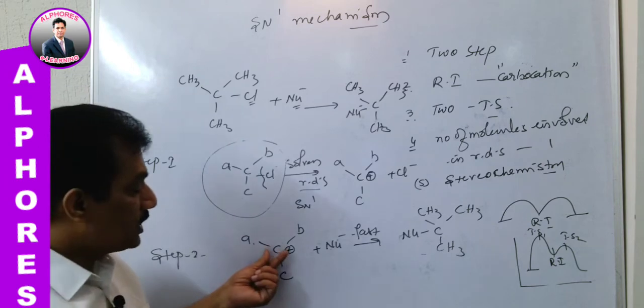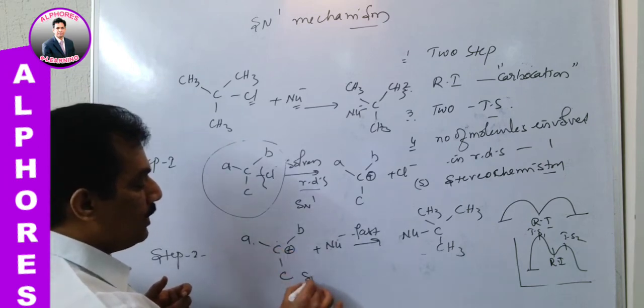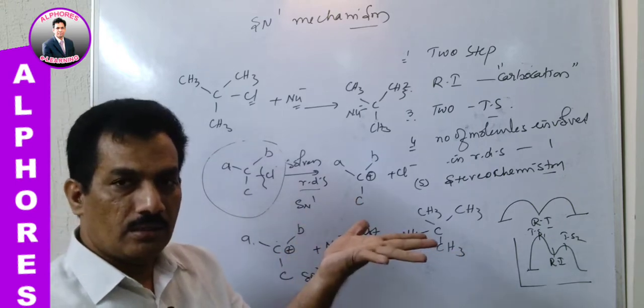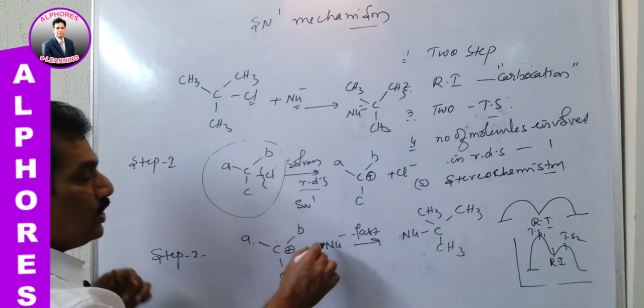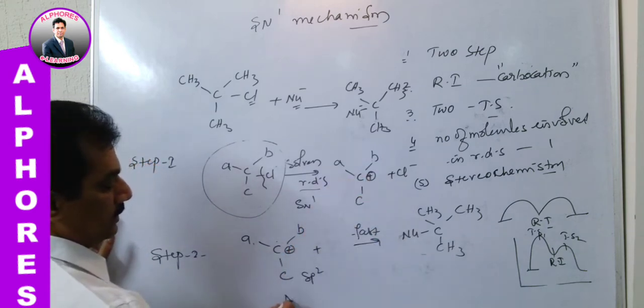As you know, this carbon with the positive charge is sp2 hybridized. That means it has planarity. And now the new nucleophile has two chances.